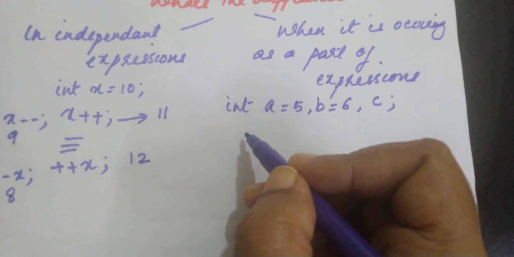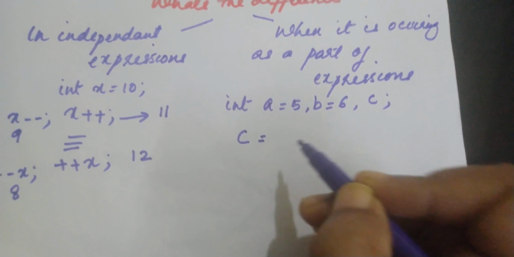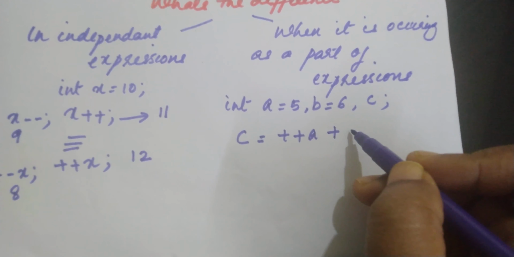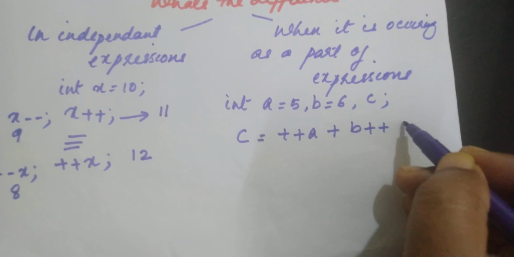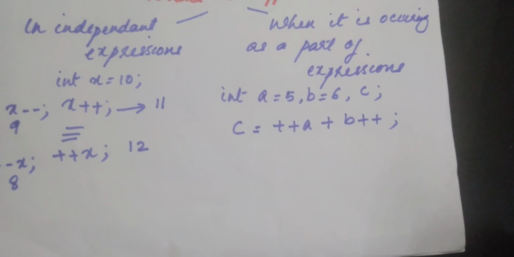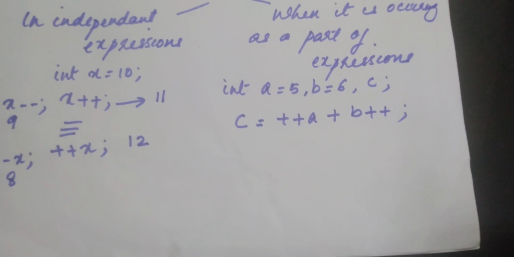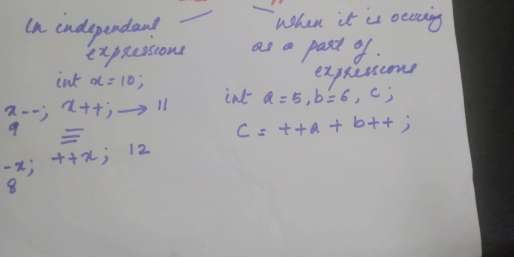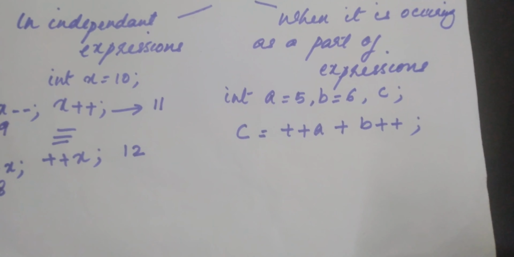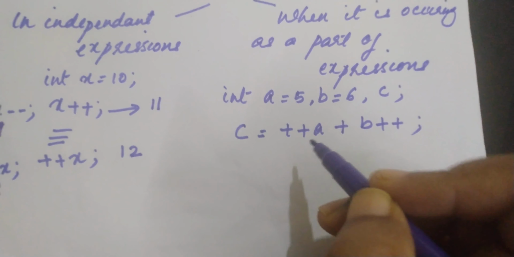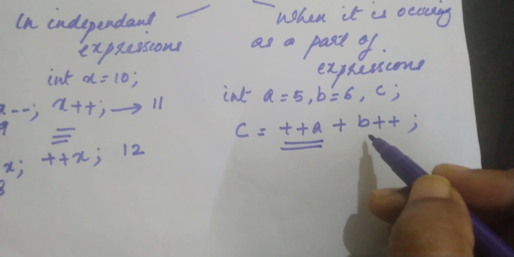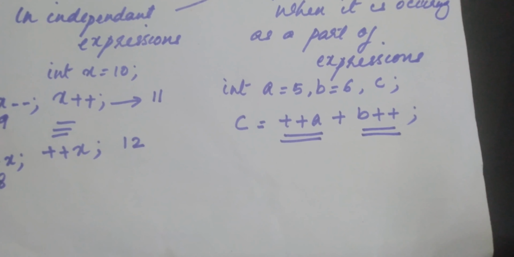And in an expression I have written c = ++a + b++. Here the ++ operator, that is the increment operator, is written as a part of an expression, so it behaves in a different manner. Here ++a is the pre-increment operator, and b++ is the post-increment operator.